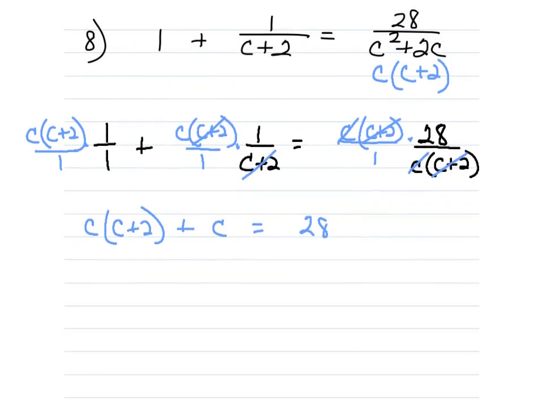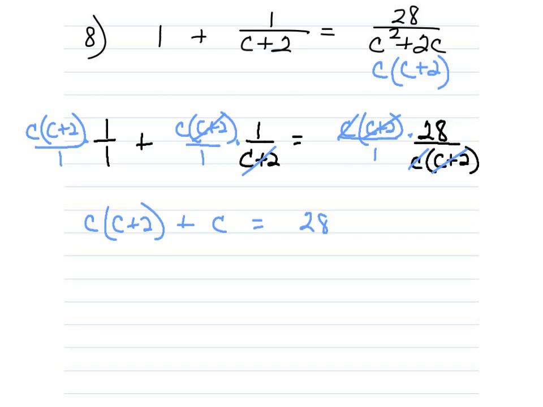All right, let's simplify and solve. I have c squared plus 2c plus c is equal to 28. Let's combine like terms and make this equal to 0. So I have c squared plus 3c minus 28 is equal to 0.